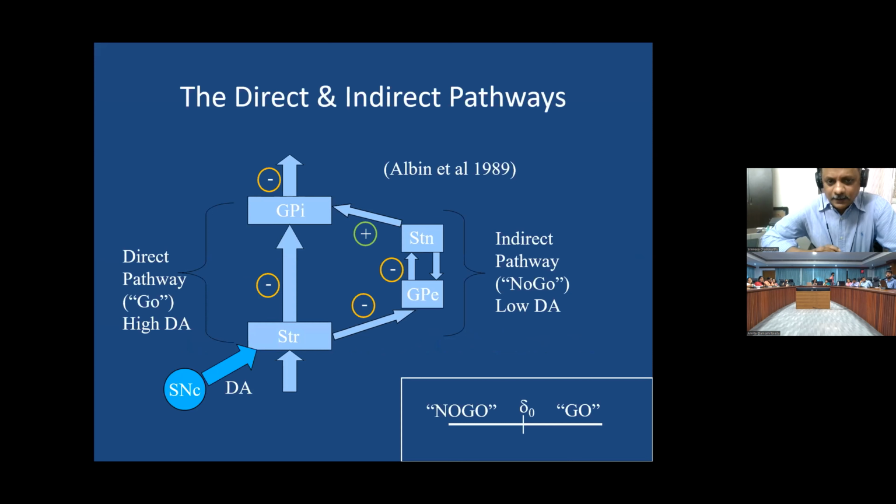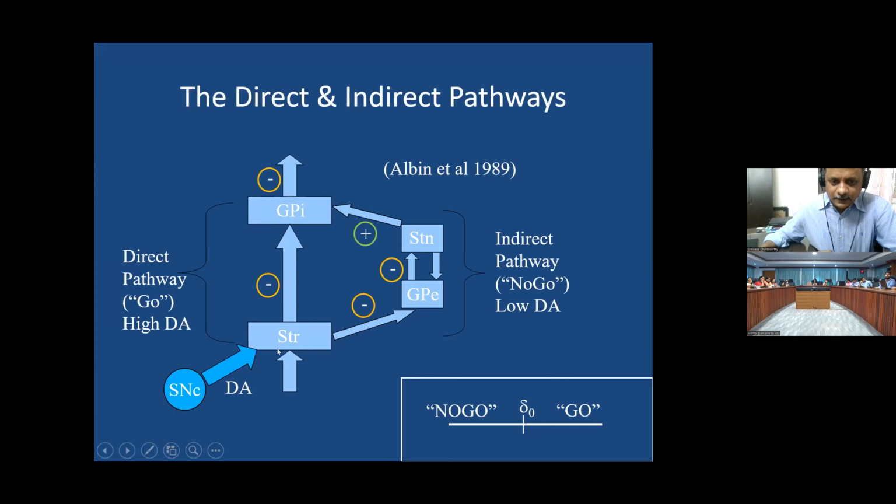Like I said, anatomically the basal ganglia has two functional pathways, the direct pathway and the indirect pathway. The direct pathway goes straight from striatum to GPi, and the indirect pathway goes from striatum to GPe, STN, and GPi. The dopaminergic projections from SNc go to striatum.